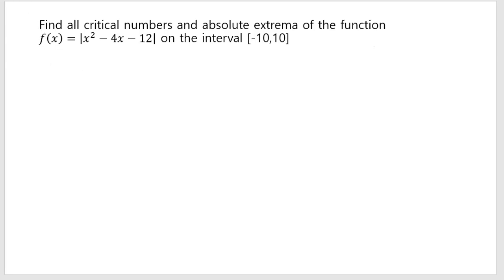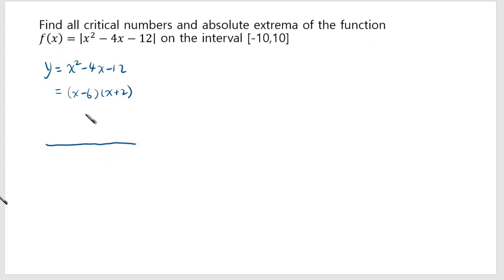All right, so let's draw the graph. We start by thinking about the one without the absolute value. We factor this as x minus 6, x plus 2. So we know right away that when x is 6 or x is negative 2, the graph will become 0.